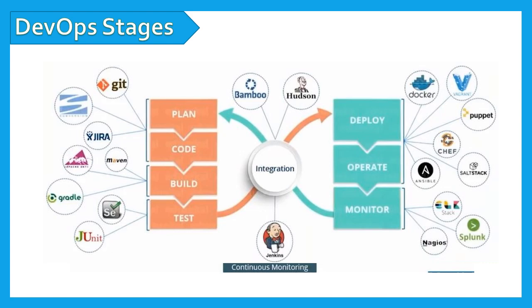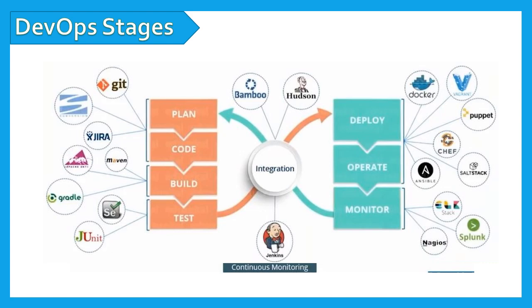Now, let me go back and summarize. So, these are the various stages that are used in DevOps. We have Jenkins here, a continuous integration server. What Jenkins will do, the moment any developer makes a change in the source code, is take that code and trigger a build using tools like Maven.